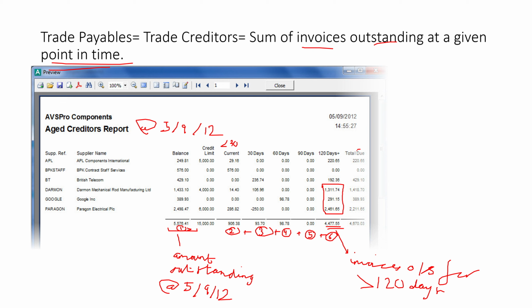I think we'll just ignore this column. This is the main one, the one that we're interested in. For these reports you generate directly from your accounting software, you can break down at invoice level as well.